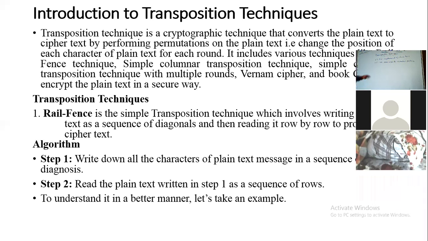Now, the transposition technique is basically of three types. One is rail fence, second is columnar, and third is double columnar. We also have keyed and keyless transposition techniques. We will look at this too.